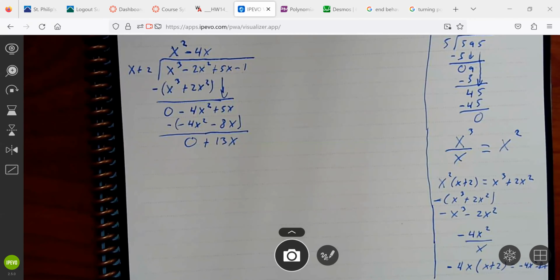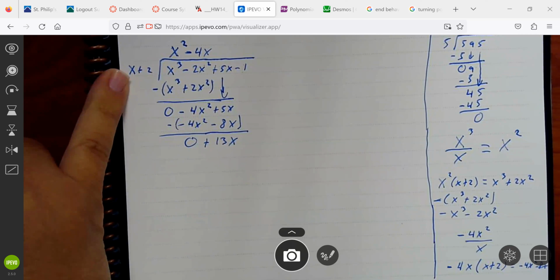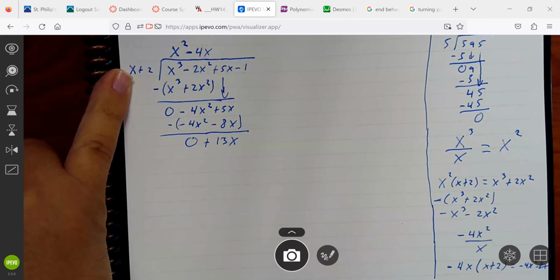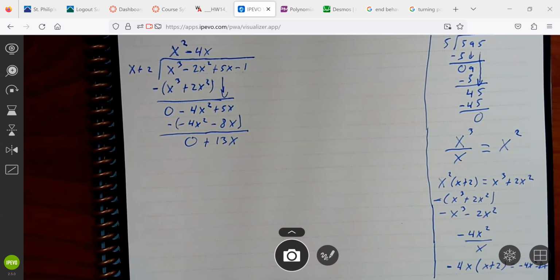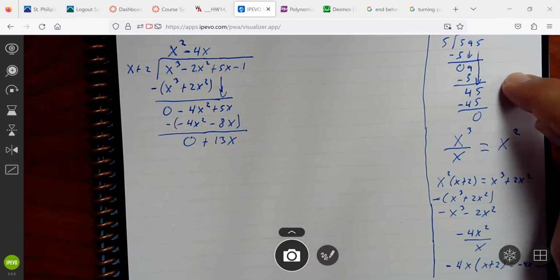Is this okay so far? You just keep going until you can't, until you have a remainder and this x is too big. Yeah, you need to practice it quite a few times. It's this pattern over and over again.